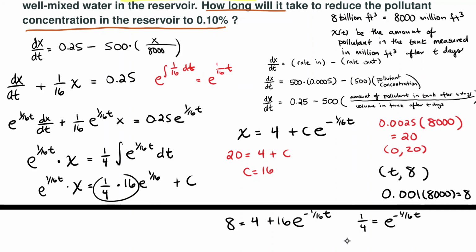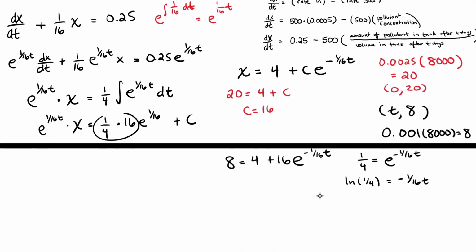Natural log of both sides, natural log of 1/4 is negative 1/16 t. So we're almost at the final point. t will then be exactly natural log of 1/4 divided by negative 1/16, and we can round that to 22.2 days when rounded to a single decimal place.